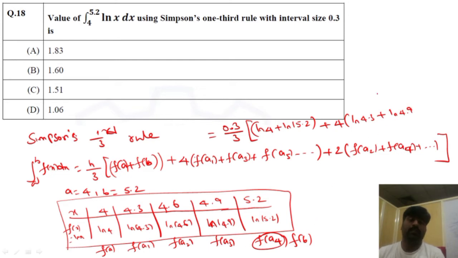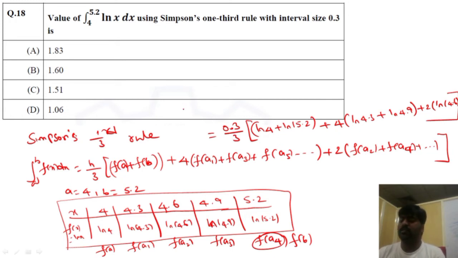There is no f of a5, so no need to worry. Plus 2 times f of a2, ln 4.6, and there is no f of a4, as we already wrote it as f of b. Okay, so we'll stop here. This is the formula we can apply.